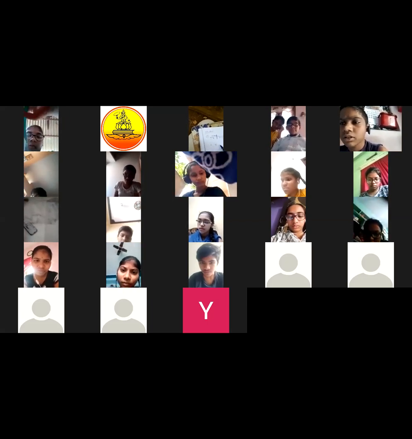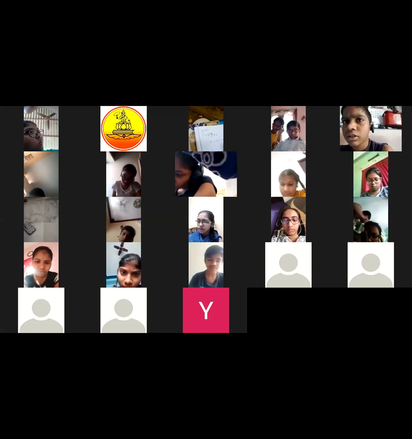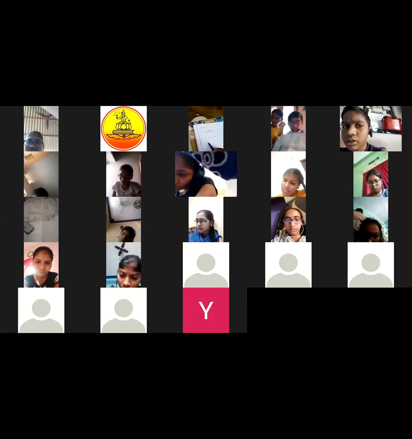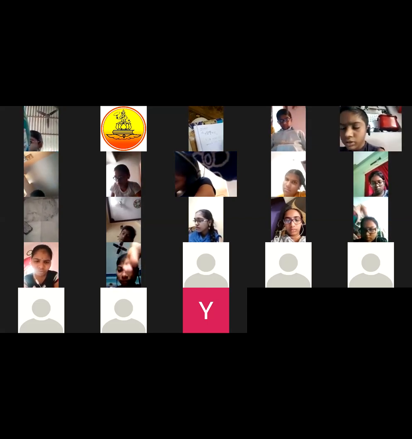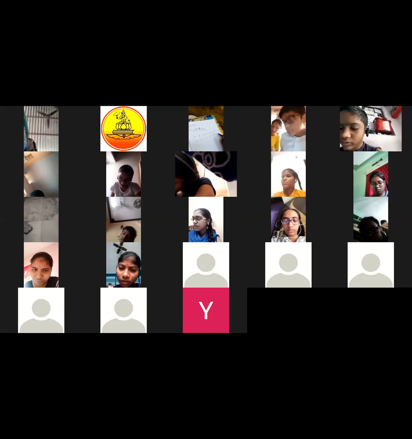If the incident ray is parallel to the principal axis, then the refracted ray passes through the focus. This is for the convex lens.